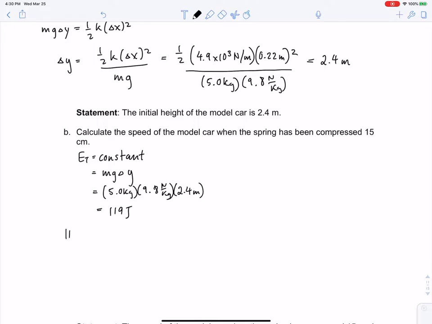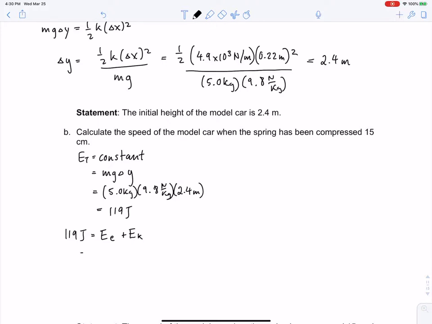So at that particular point, this 119 joules of total energy will be equivalent to the elastic potential energy it possesses as a result of being compressed 15 centimeters, plus the kinetic energy as it will slowly start to release this elastic potential energy and convert it into speed.